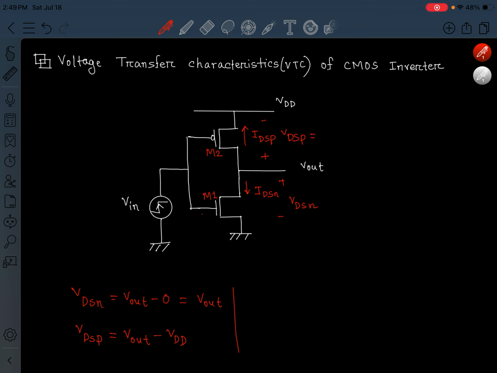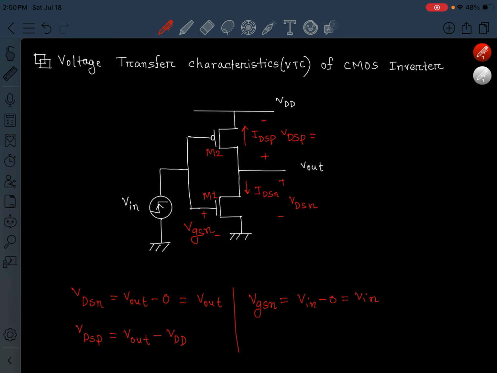Now the voltage VGSN, NMOS gate source voltage. The gate voltage is equal to the input voltage, because the gate is directly connected to the input, and the source voltage of NMOS is ground. So VGSN will simply be V in, that is gate voltage, minus source voltage 0, that will be only V in.